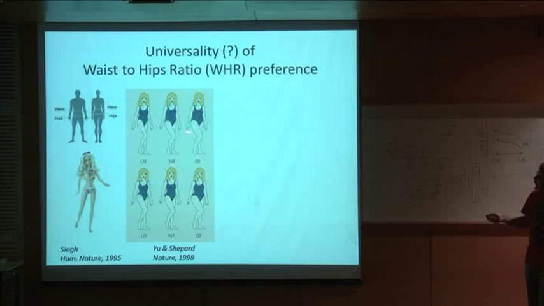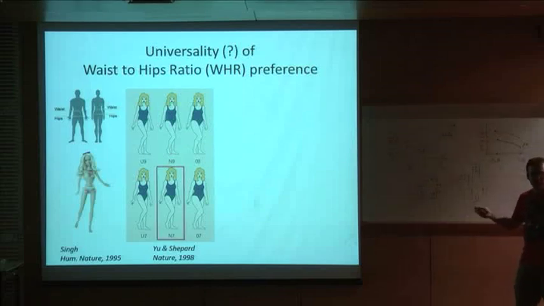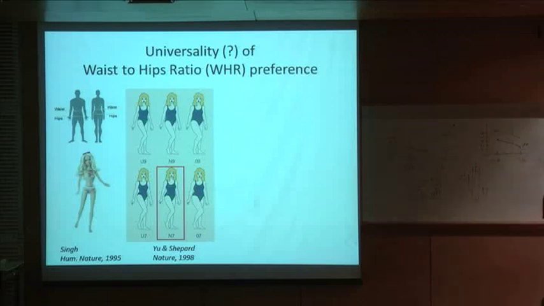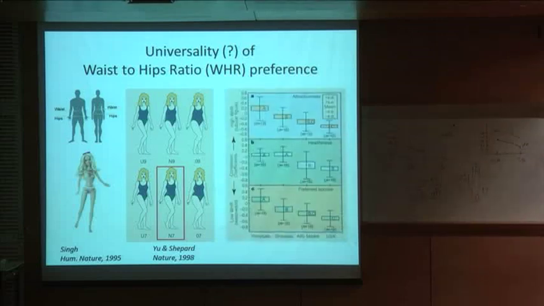So these women have a high waist to hip ratio, and these have a low waist to hip ratio, and they have different weights. This is normal weight, this is overweight, and this is underweight. And the preference of the Western male participants was to choose this as their model standard. So what happens with this remote population?